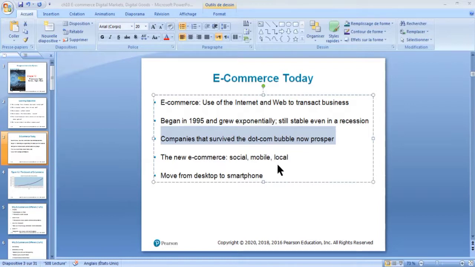That was in the year 2000. This dot-com bubble burst in March 2001, and a big number of e-commerce companies failed. However, for many other companies like Amazon, eBay, and Google, the results were more positive.